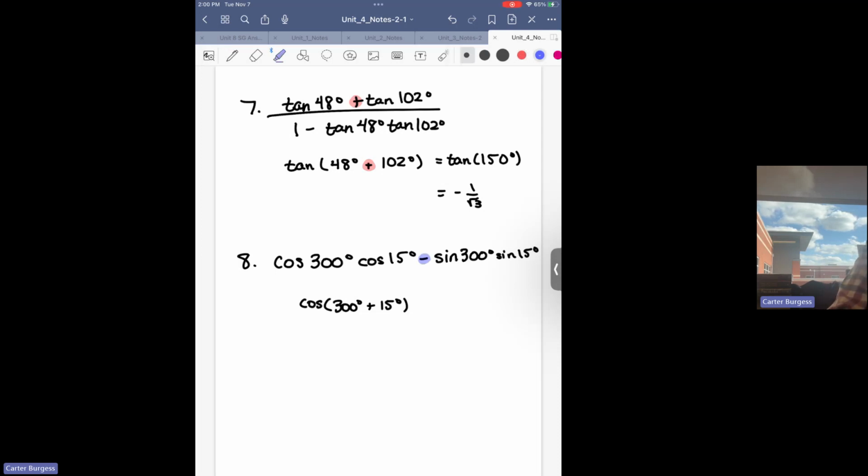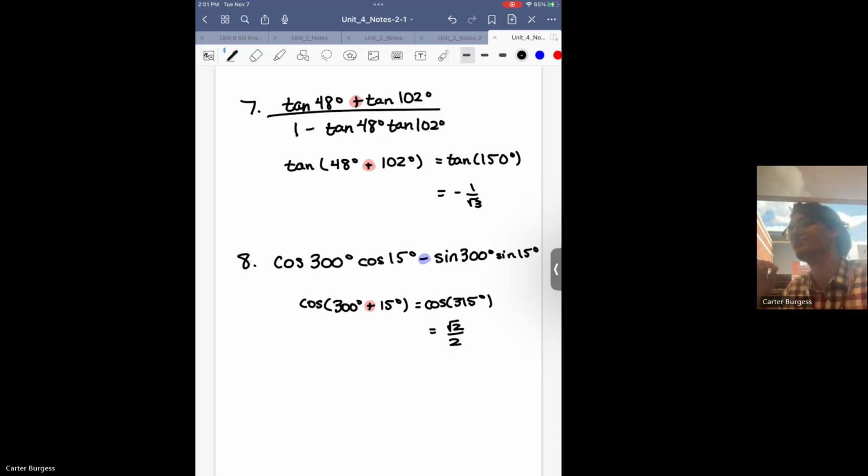The minus here actually indicates that it was a plus that then switched to a minus. Which then just unit circle knowledge, root 2 over 2. Quadrant 4, reference angle of 45 degrees, root 2 over 2.